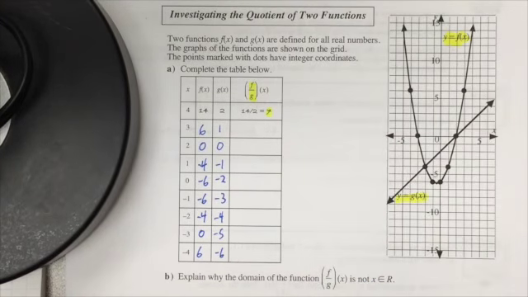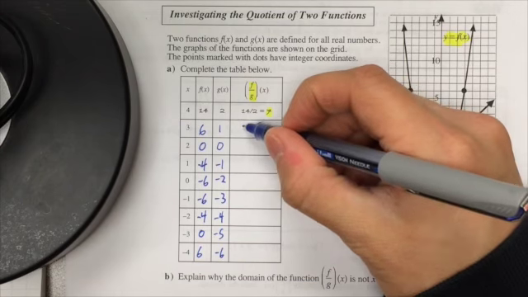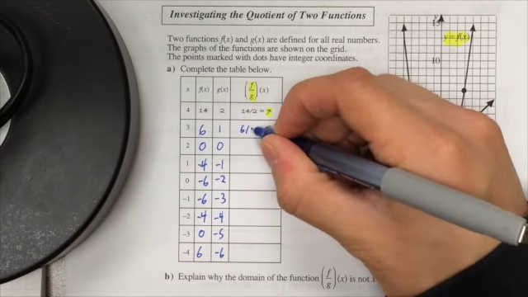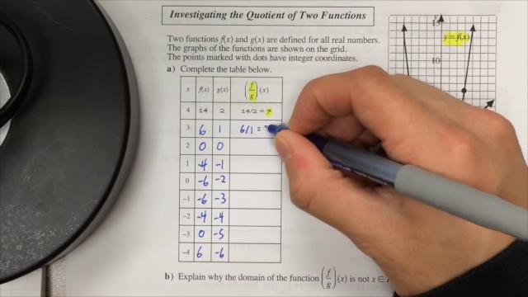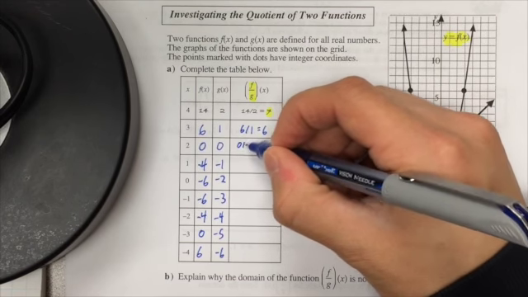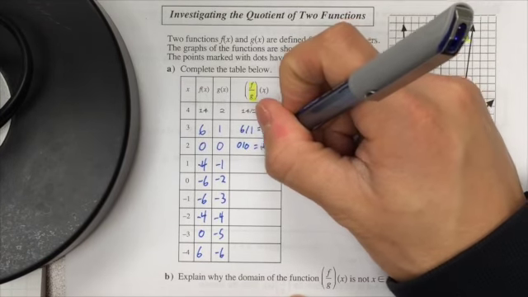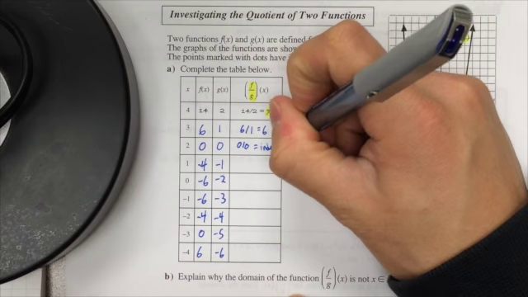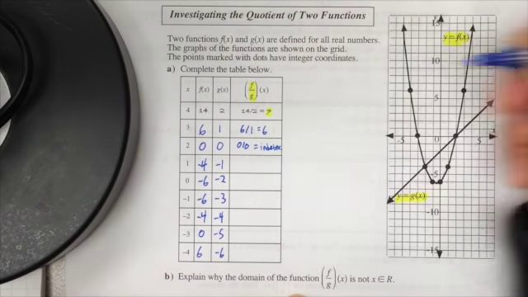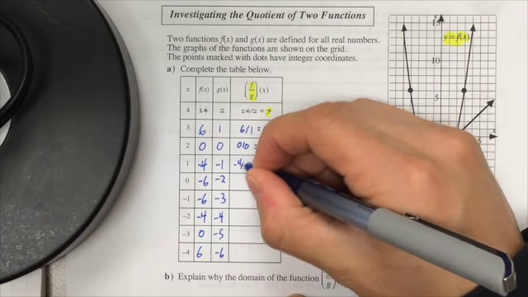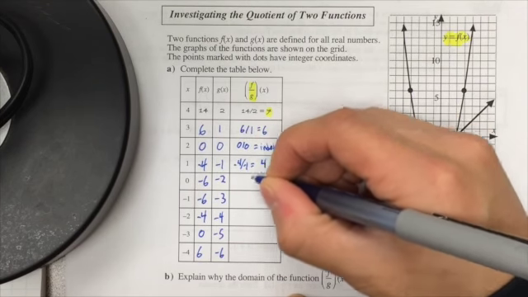The next one is going to be function f, which is 6, divided by g of x, which is 1. We're just going to get 6. 0 divided by 0. Well, we're going to have a divide by 0 error, so that's going to be an indeterminate. Negative 4 divided by negative 1, we're going to get 4.